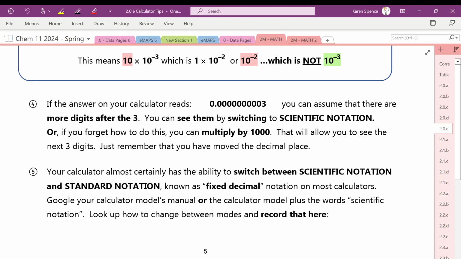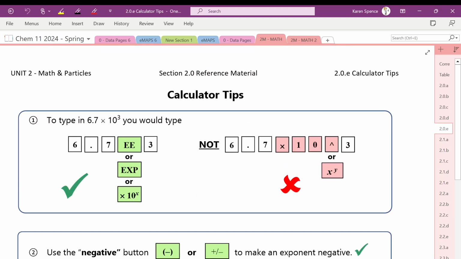Okay, I'd like to show you one more thing about your calculator. This is just, if you forget how to use your calculator and you need a reference, in the reference section, 2.0E says calculator tips.